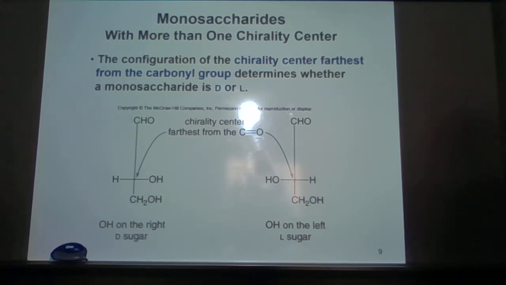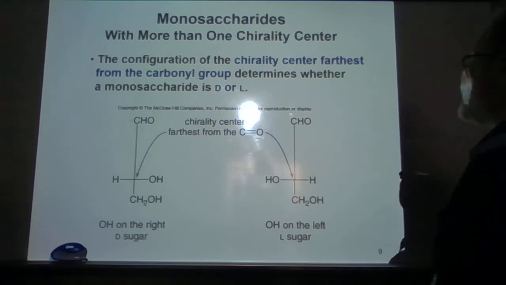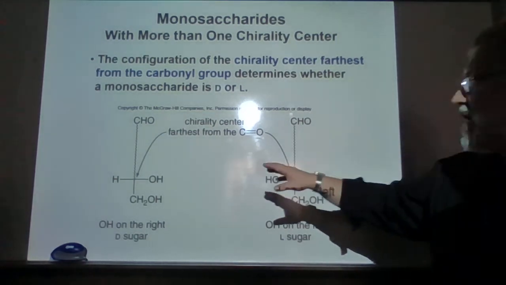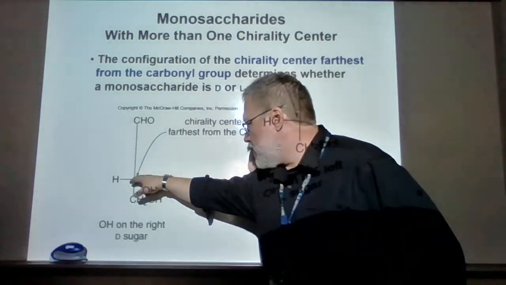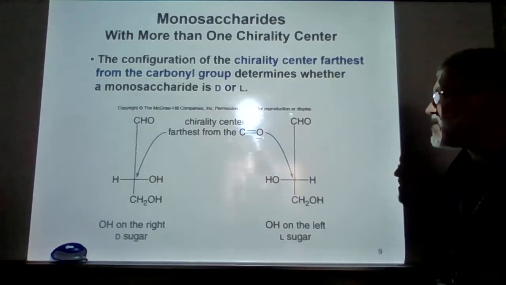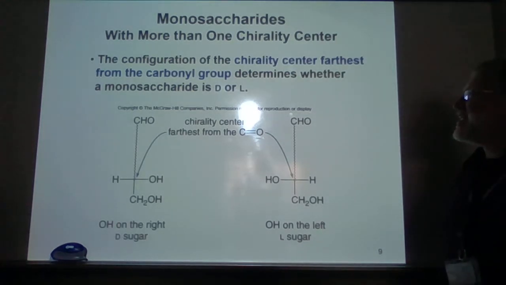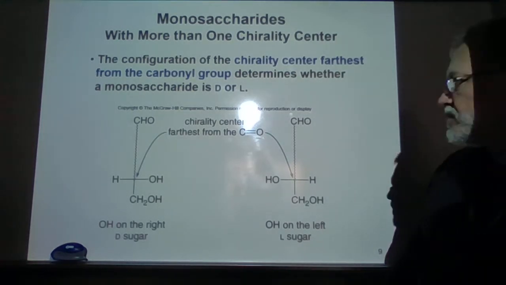How do you use D and L when you have multiple chiral centers? You can use the D and L by defining where the OH is on this last OH group. That is the farthest chiral center from your carbonyl group.